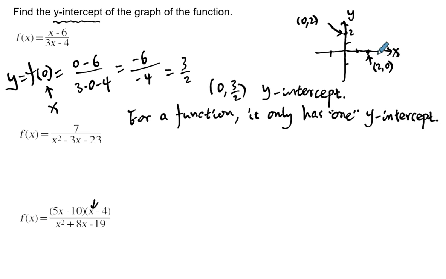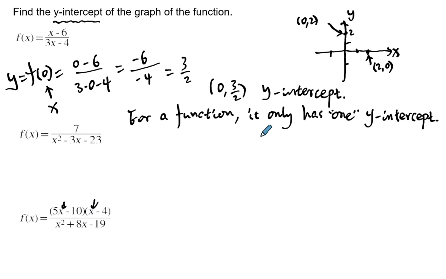Because for an x-intercept, x can be anything, y must be 0. And then you plug in the value 2 here. 5 times 2 is 10, minus 10. So besides 4, you have a 2. There are 2 zeros right here. So the x-intercept can be 2.